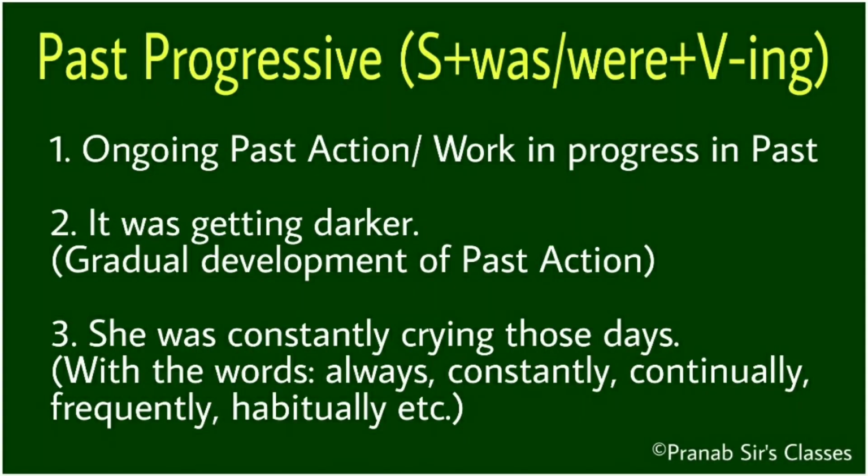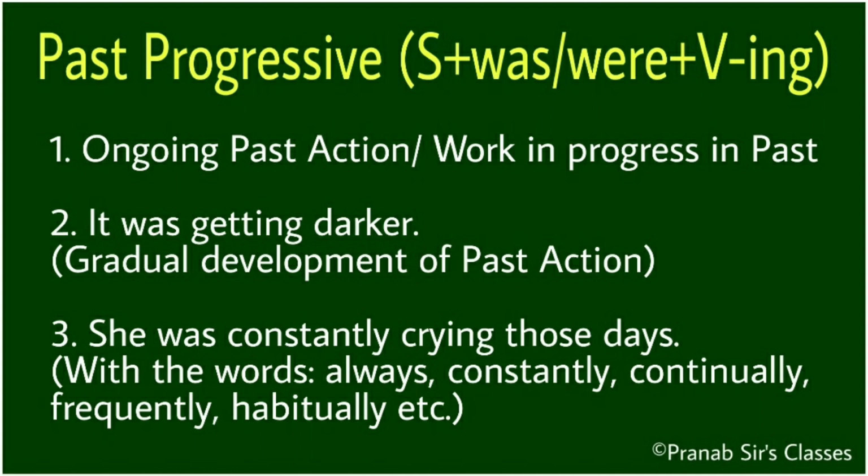And the next use of past progressive is, it was getting darker, meaning action indicating gradual development in past. Then and there also we use the past progressive.